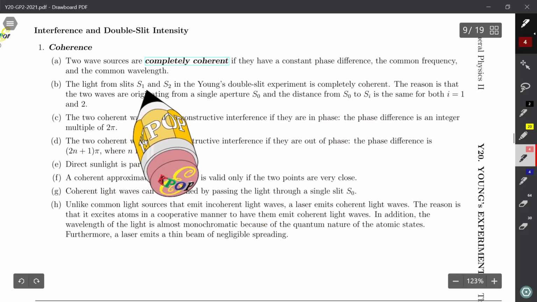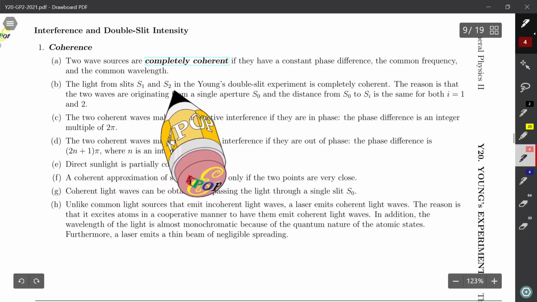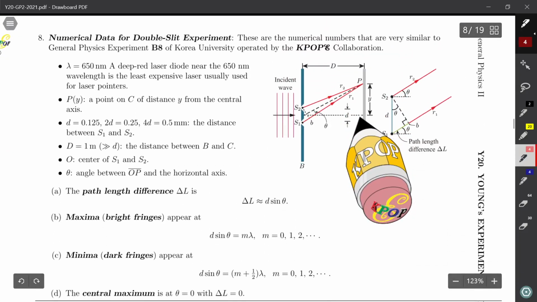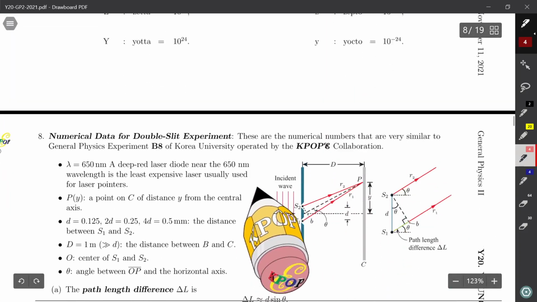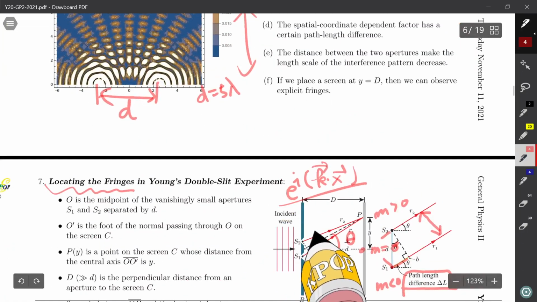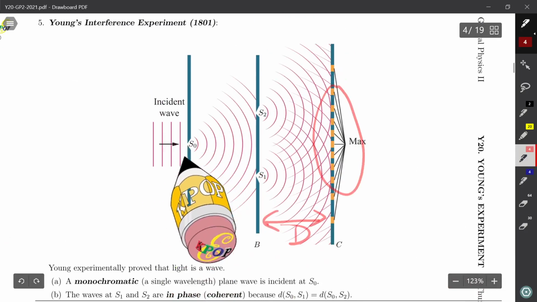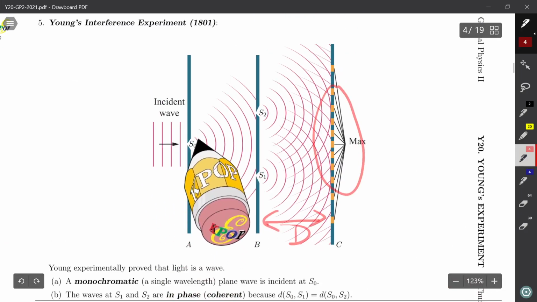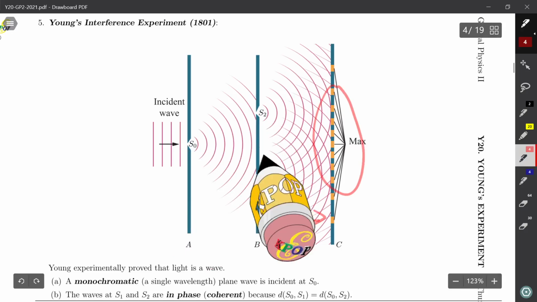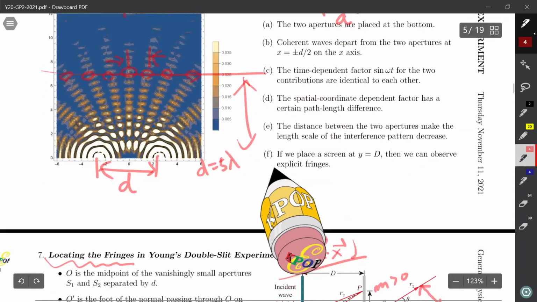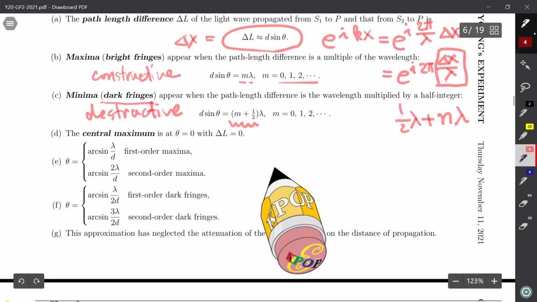The light from the slits S1 and S2 is completely coherent. The preparation of coherent light was obtained by placing a single slit at equal distance to both apertures, or by making use of a laser.